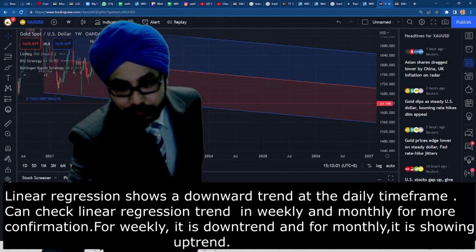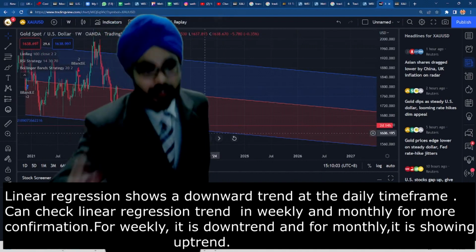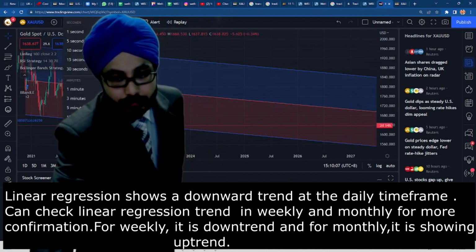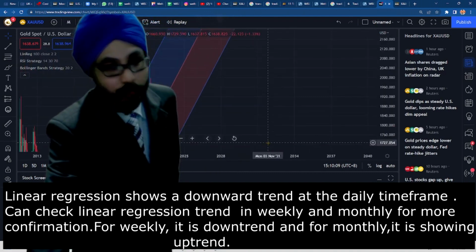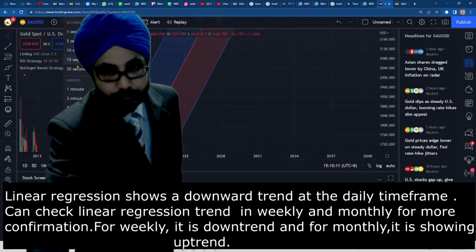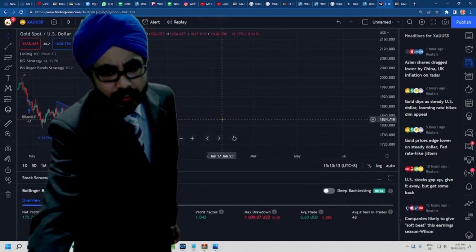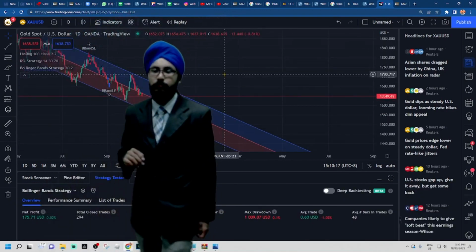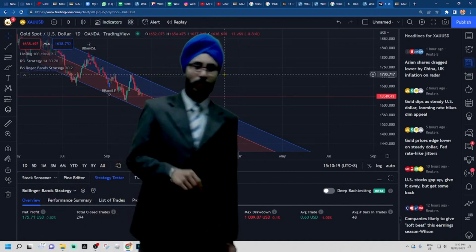For weekly, you will also have a slight downtrend. And if you look at the monthly, you have an uptrend. If we have confirmed this, we are likely to go with our sell. However, we still want more confirmation.